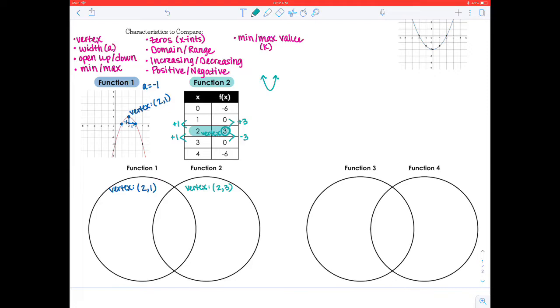And if they're decreasing from the vertex, so this is increasing from vertex, these are your f of x values or your y values. If they're decreasing from the vertex, then you'll be opening down here.